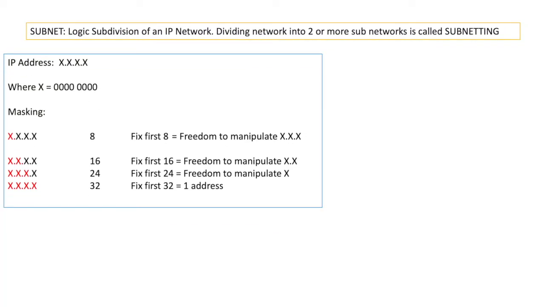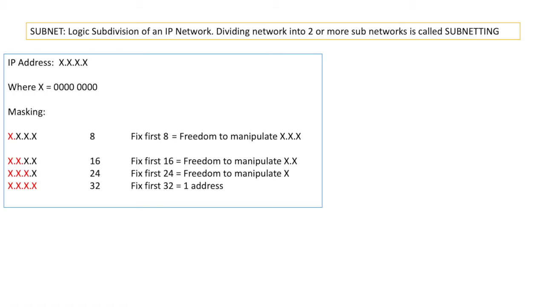So let's say your IP address is x.x.x.x, just in our case 10.0.0.0. However, what does this /8 mean? /8 means you are going to fix the first byte. So the first byte is fixed. You cannot change that. However, the rest of the 3 bytes you can manipulate.